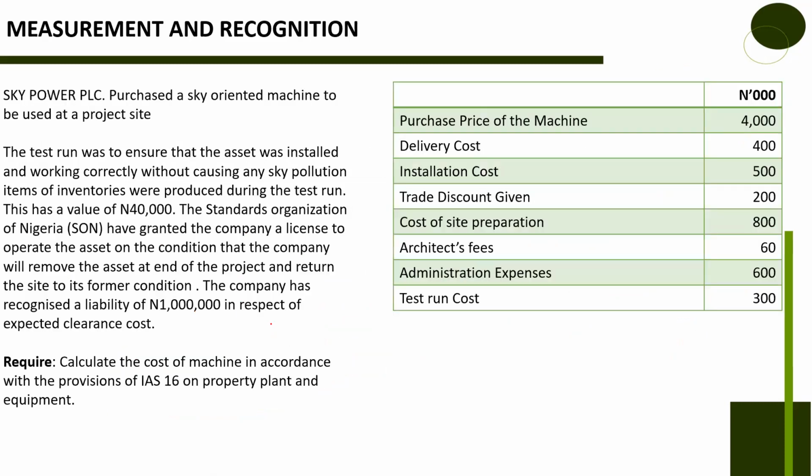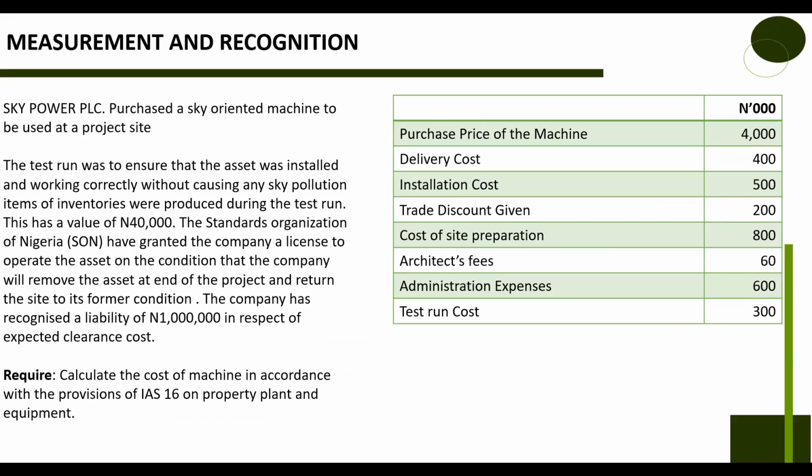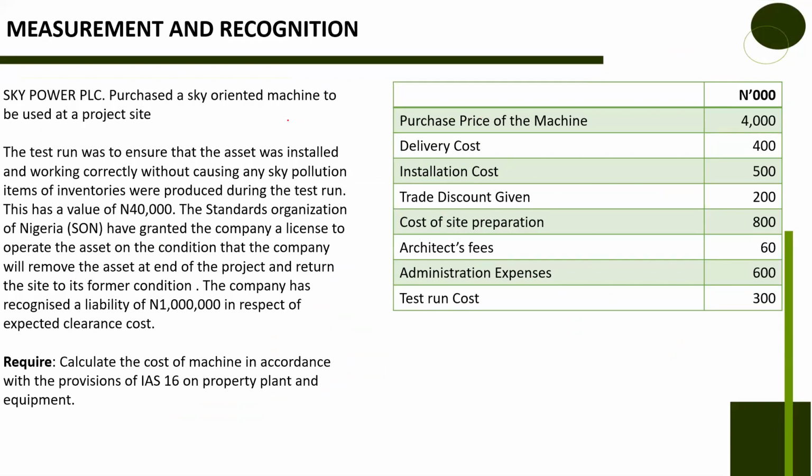So measurement and recognition. We'll quickly do this example just to gauge our knowledge for this. Sky Power PLC purchased a Sky-oriented machine to be used for a project, and this is the cost here, on your right-hand side. They gave us additional information.